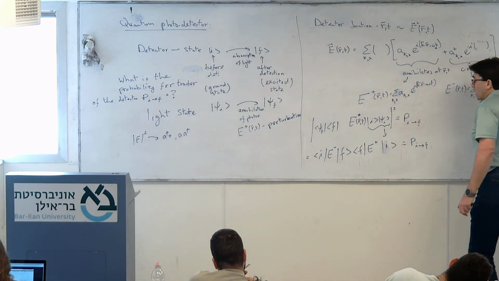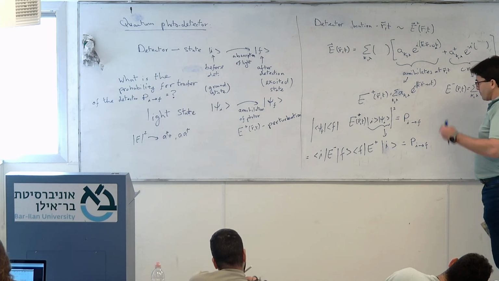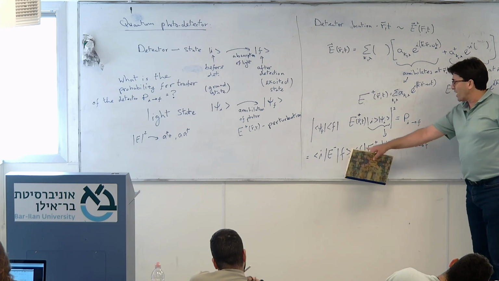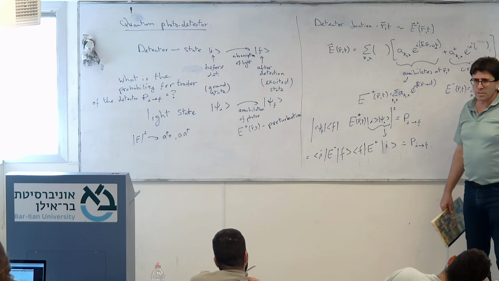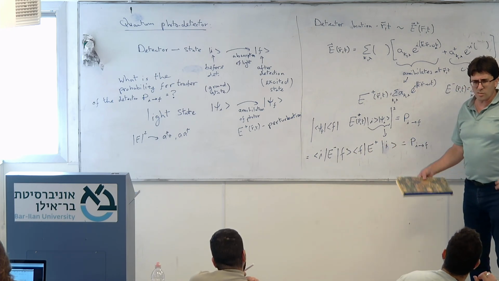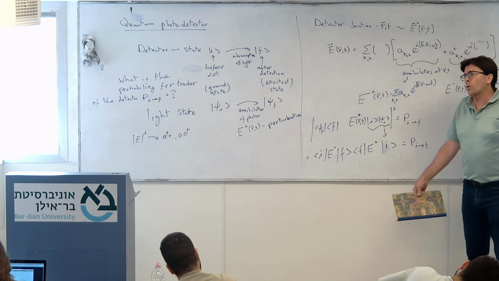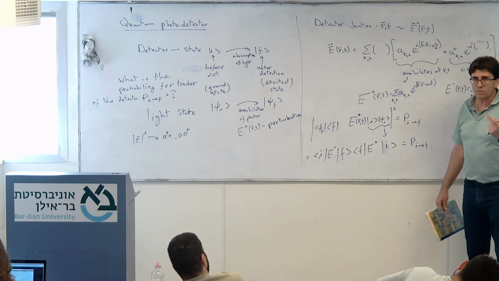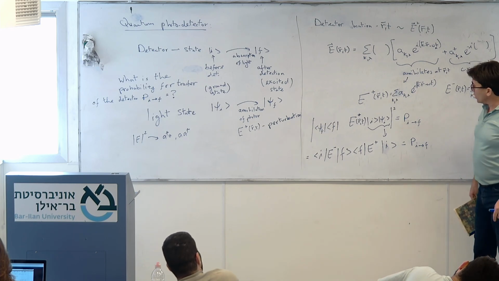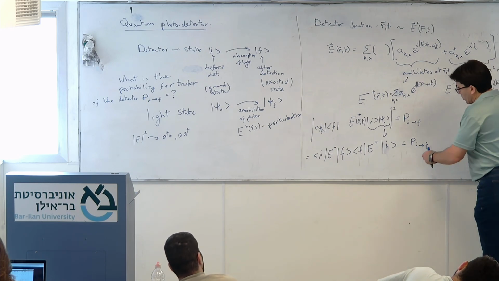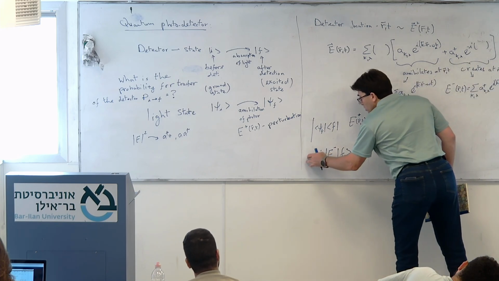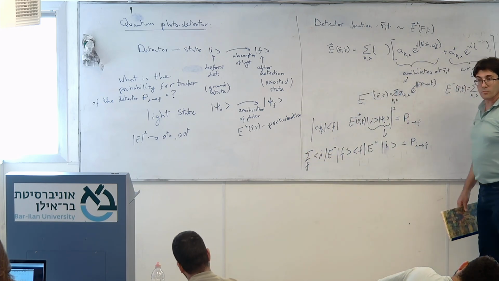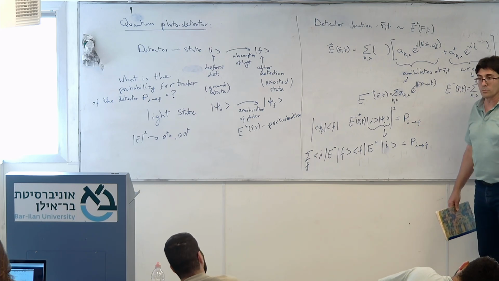Now I can say another thing, and that is that I don't know what the final state of the detector could be. As I told you, the detector is big, there are many atoms in there, I don't know which one of them emitted an electron and I don't care. All I know is that I have an electron. So in reality, we should sum over all possible final states that lead to an electron.